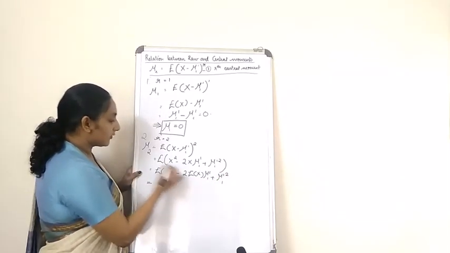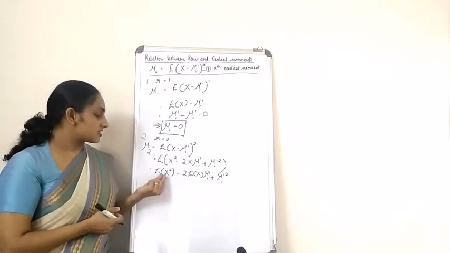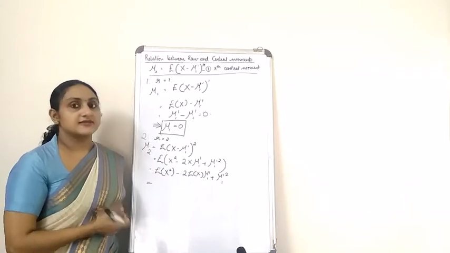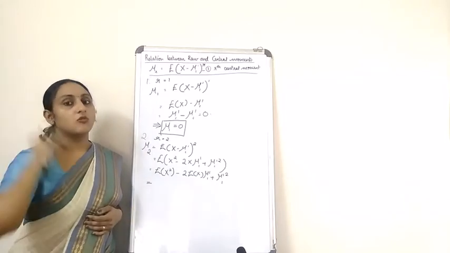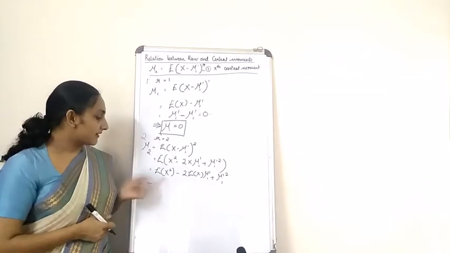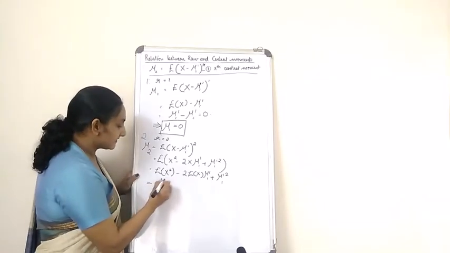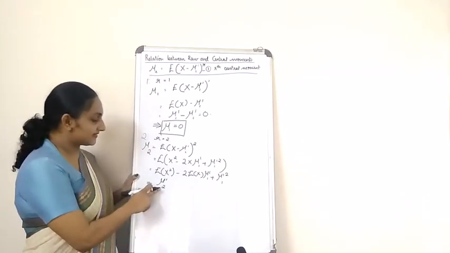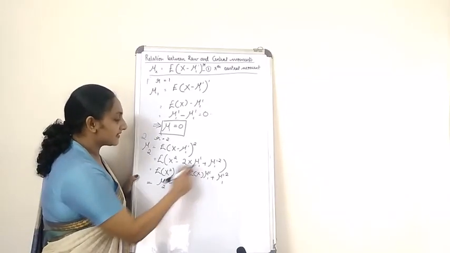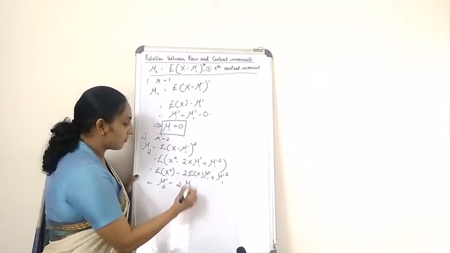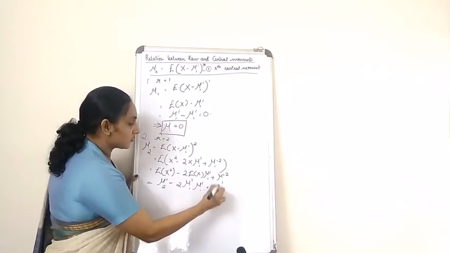What is the expectation of x square? Again you have studied a result: the expectation of x raised to r is mu r dash, the rth raw moment. So I can write the expectation of x square as mu2 dash, the second raw moment, minus 2 into the expectation of x, which is the first raw moment mu1 dash, plus mu1 dash square.